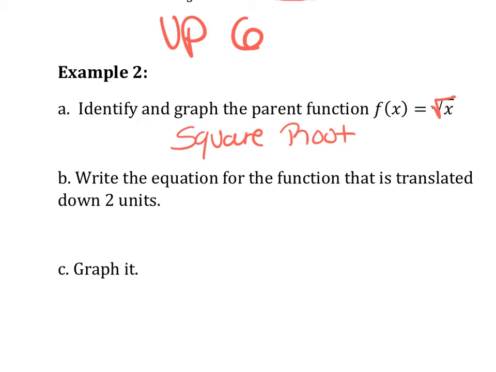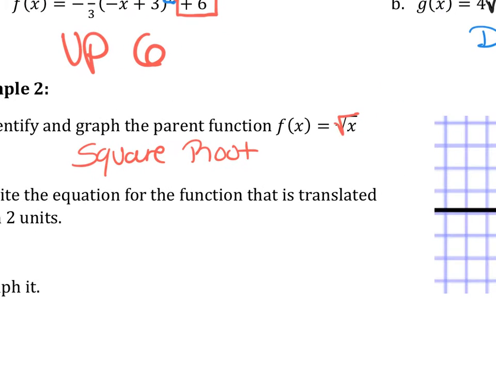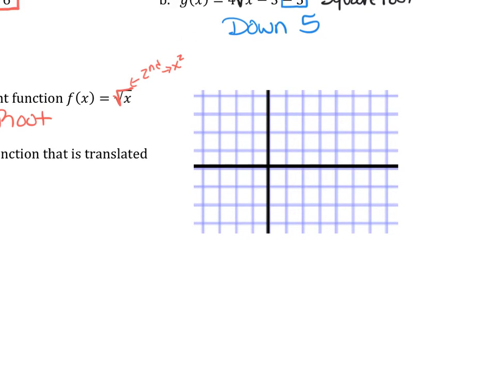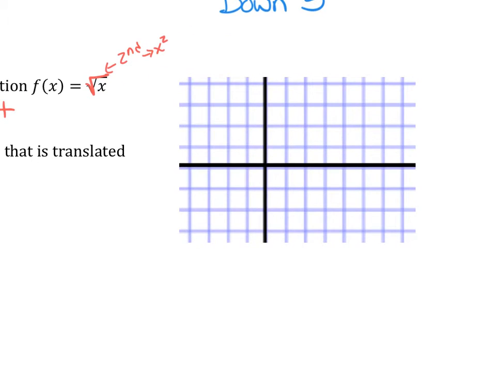So now we want to graph it, so you can use your calculator. Remember, to get the square root symbol, you hit the second button and then x squared. The x squared key gives you that square root symbol, and then hit the x button, X,T,theta,n, to get your x. Plug that into y equals and hit graph. You can see what it looks like, and then look at your table to get some specific points.